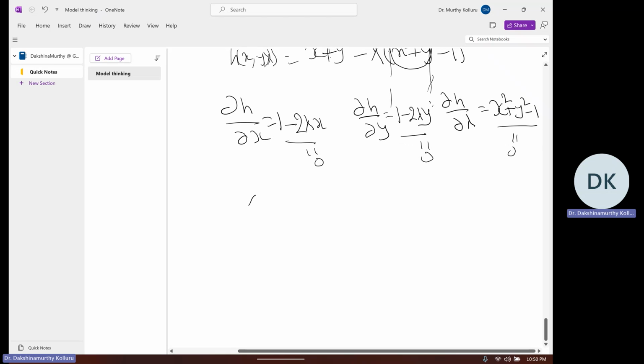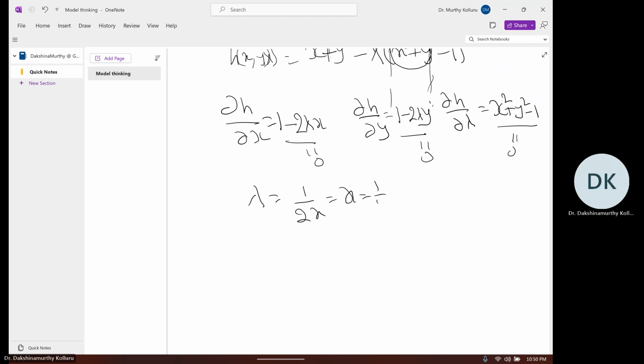Lambda is equal to 1 by 2x, or x is equal to 1 by 2 lambda. Let's write it like that. Similarly, y is equal to 1 by 2 lambda. So now I can substitute in x square plus y square minus 1 this lambda to first solve for lambda, right?